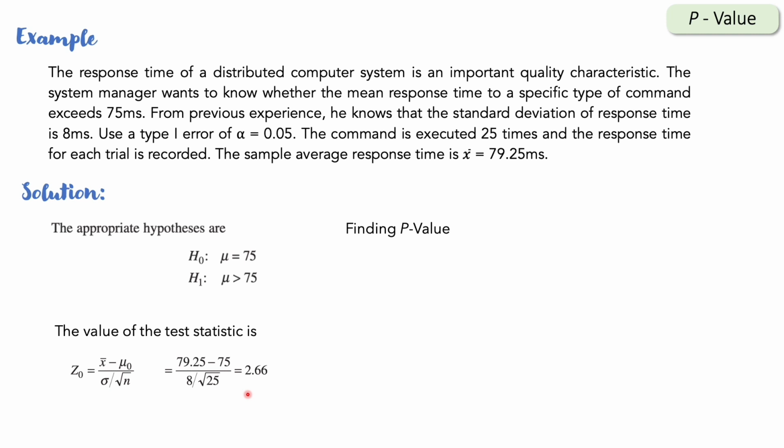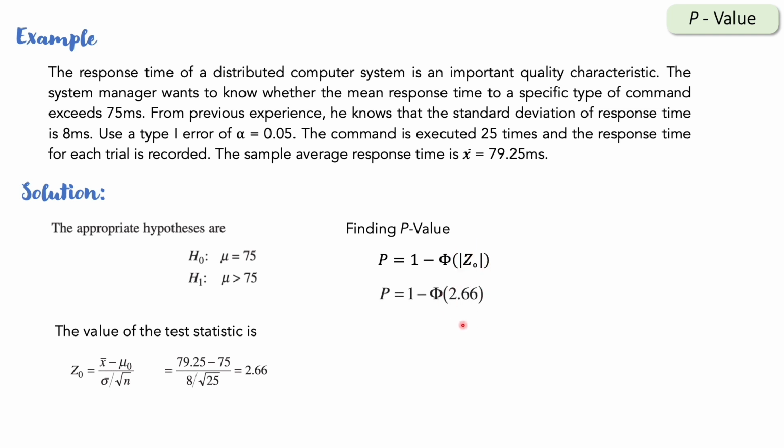Okay, so for finding the value of p, the formula that we are going to use is for the one-sided upper tailed test, right? For two-sided we multiply it by 2. This is for the one-sided upper tailed test. Now we use the value of z naught here, it is 2.66.